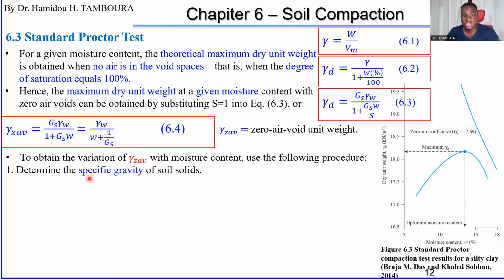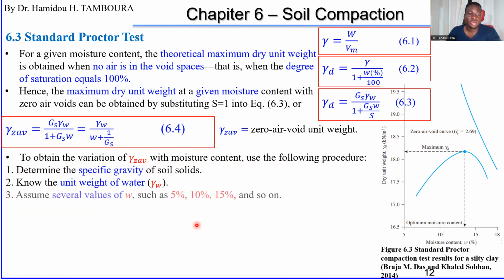Number 1, determine the specific gravity, Gs, because you need it. Number 2, you know the unit weight of water. That is known by everyone. Number 3, assume several water contents, the value of w: 5, 10, 15%. Then you use this equation number 4 to calculate the unit weight.